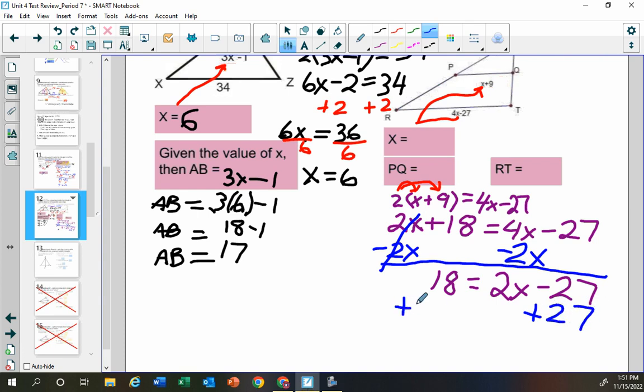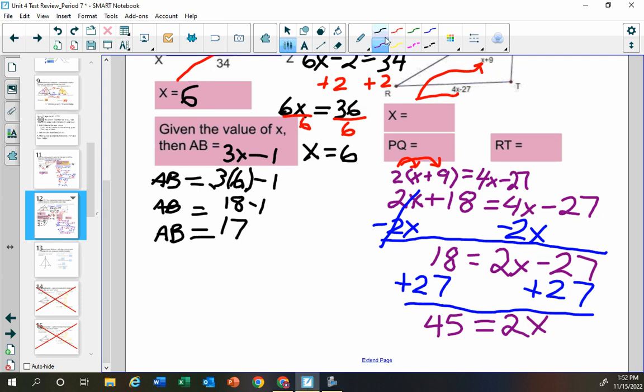Okay, because remember, next class, you take that test, you need to be solid with these steps. So then we have 45. And again, you could get decimals, but you might not, but always check your work. So then we divide by 45 divided by, you should get, and yes, you will get a decimal. 22.5 is x.